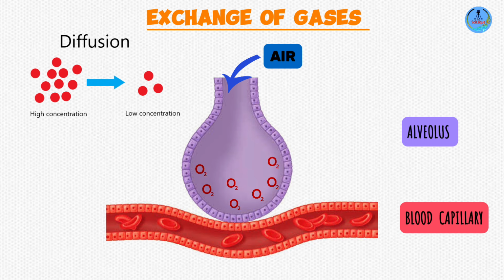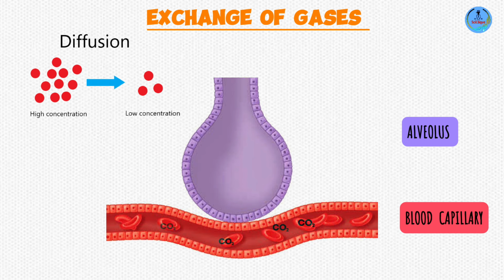And if we have a concentration gradient, what happens next? Diffusion. So, oxygen then passes across the thin epithelium of the alveoli and into the blood capillaries. When it reaches the blood capillaries, it combines with hemoglobin present in the red blood cells to form oxyhemoglobin. This, of course, is then transported to the body tissues.